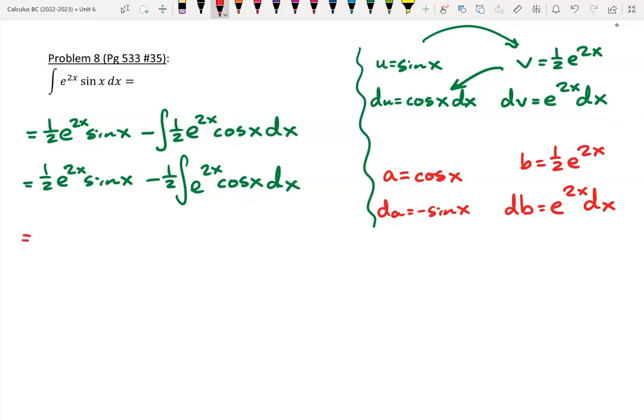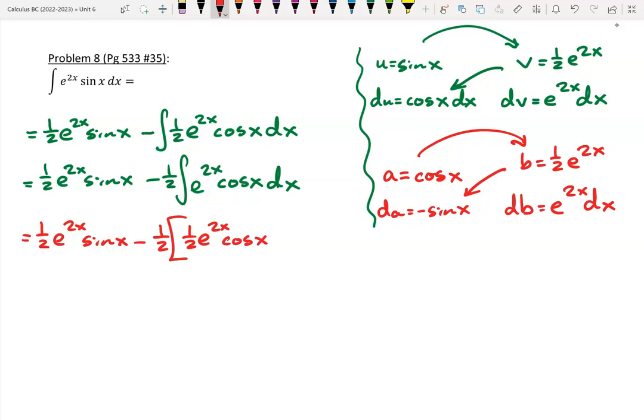All right, so I have 1/2 e to the 2x sine of x minus 1/2 times 1/2 e to the 2x, oh no, cosine of x, forgot that part, cosine of x minus the integral of 1/2 e to the 2x times negative sine of x. Again, I forgot my dx there.